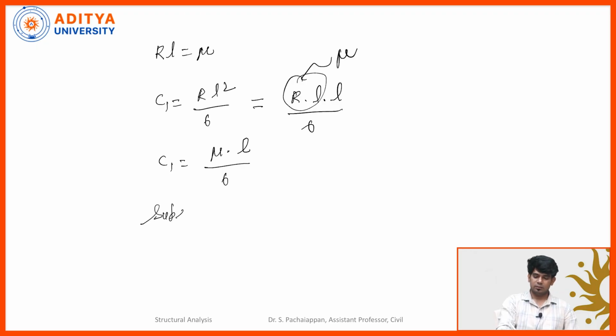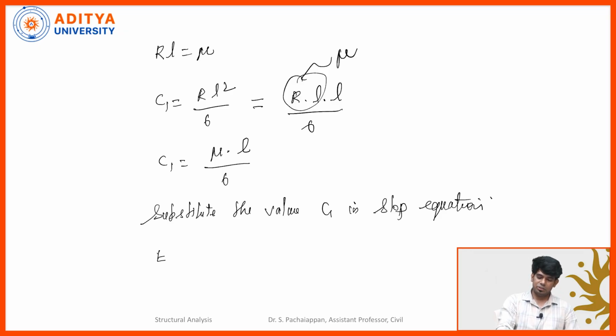Substitute the value C1 in the slope equation. Okay, so write the equation. This is EI into dy by dx equals minus of R into x square by 2 plus C1.